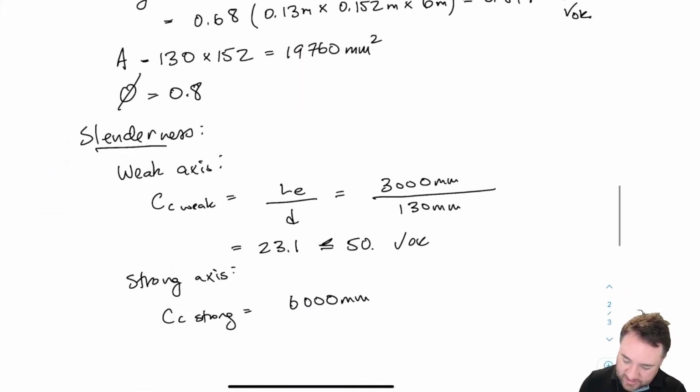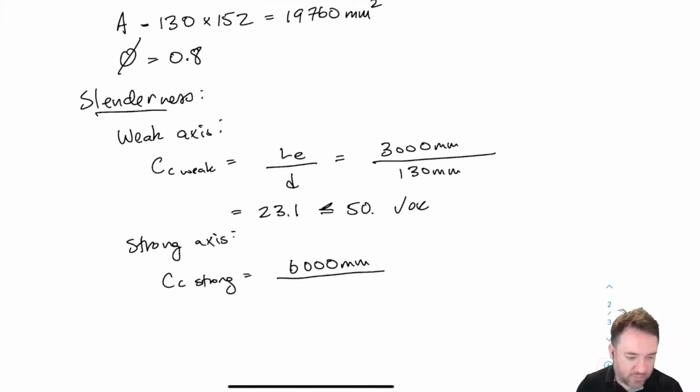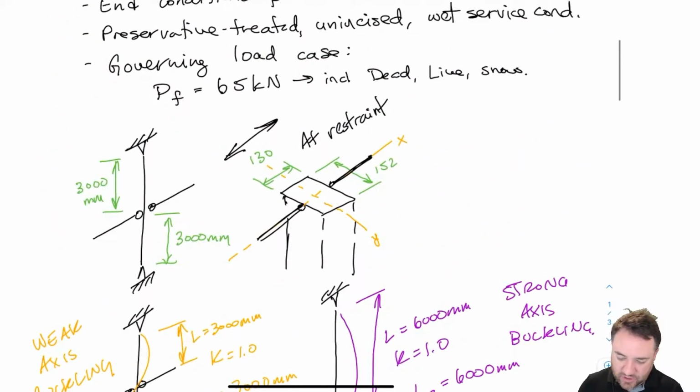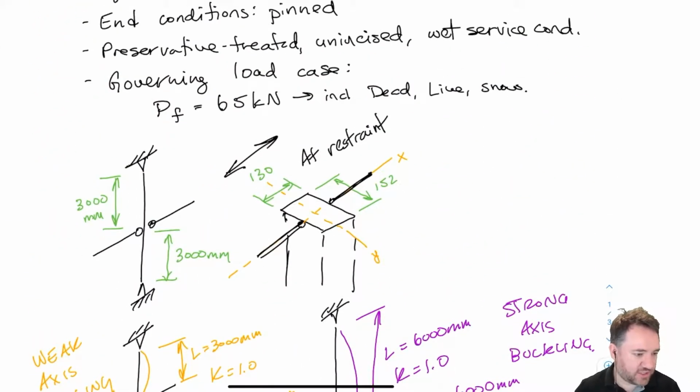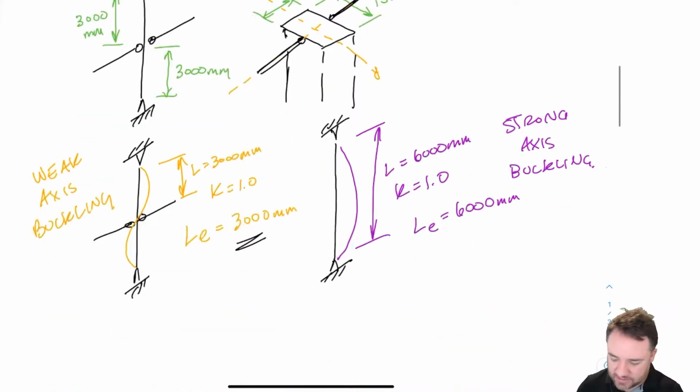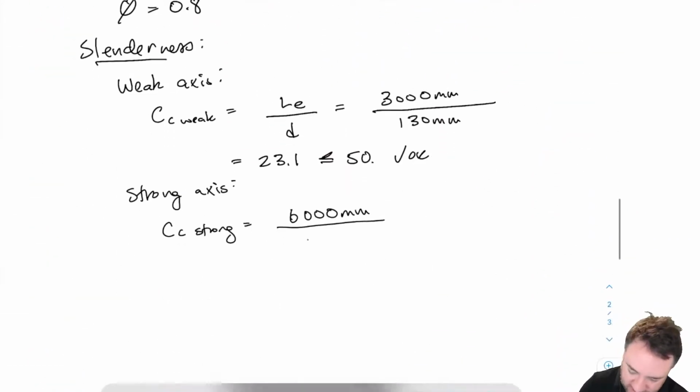And the dimension in the direction of that buckling, in this case, is the strong axis dimension. So this is why I like to call it strong axis buckling, weak axis buckling, because then I just use the strong axis dimension when I talk about that, like the larger cross-section dimension is the strong axis direction. And that's 152 in this case. So I'm going to put this as 152.